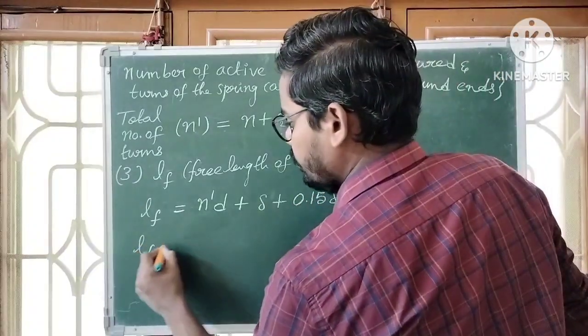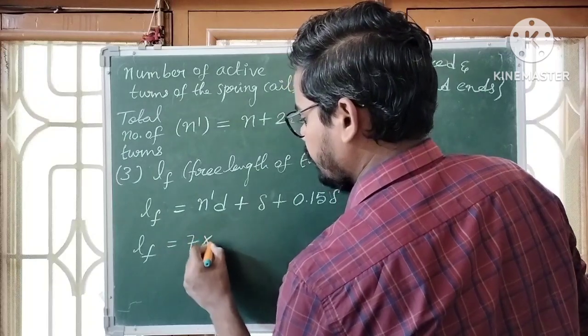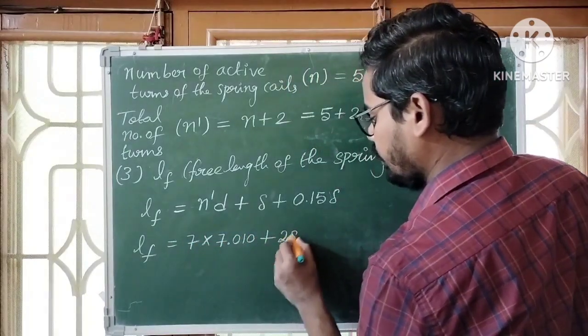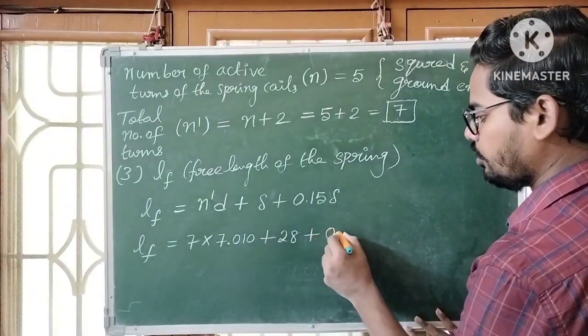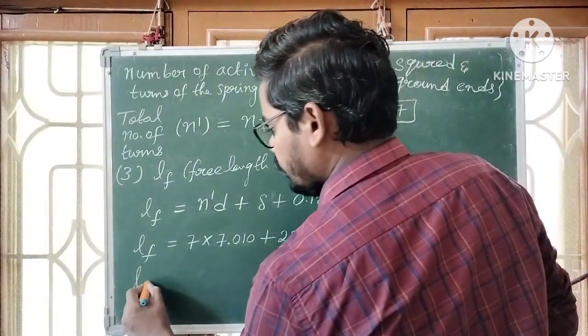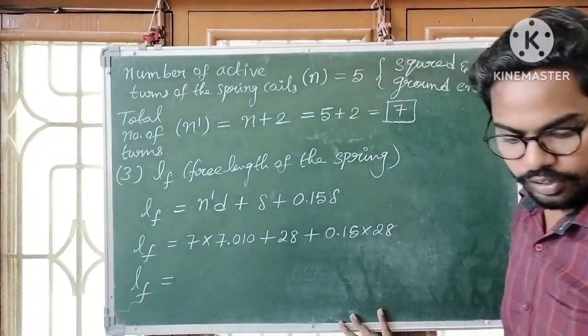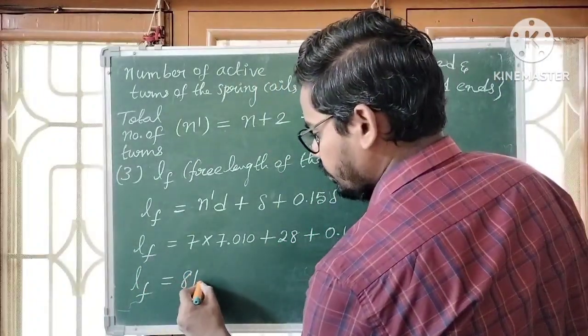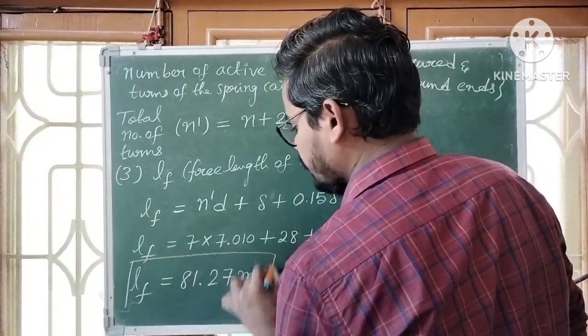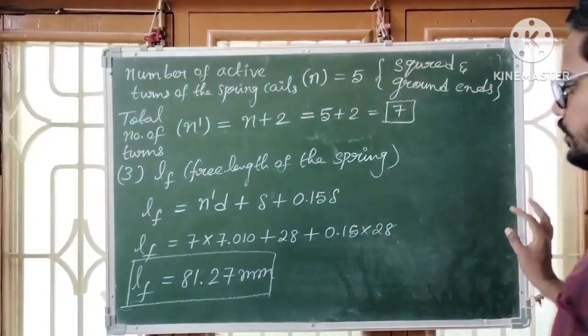So LF is equal to 7 into wire diameter 7.010 plus delta 28 mm, where delta means deflection, plus 0.15 into delta 28. If you calculate, you will get around 81.27 mm. This is the free length of the spring.